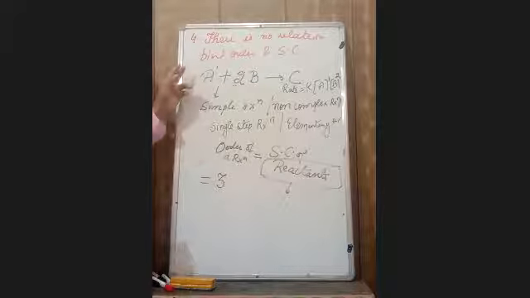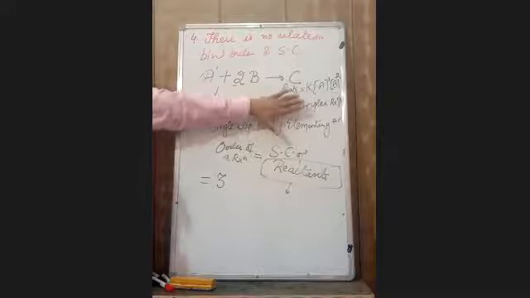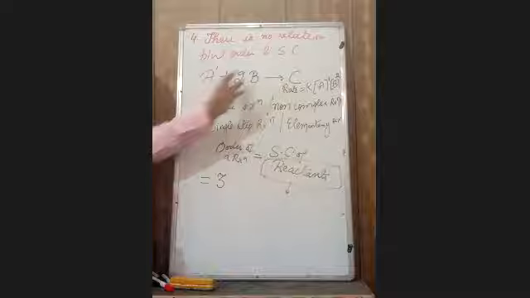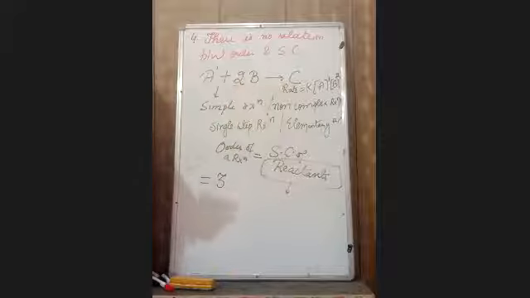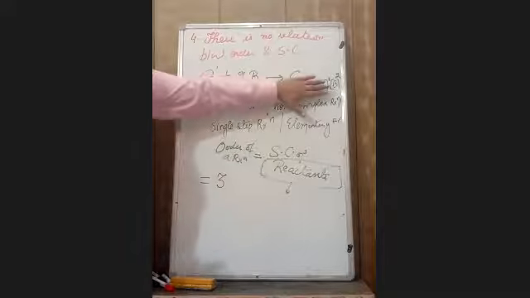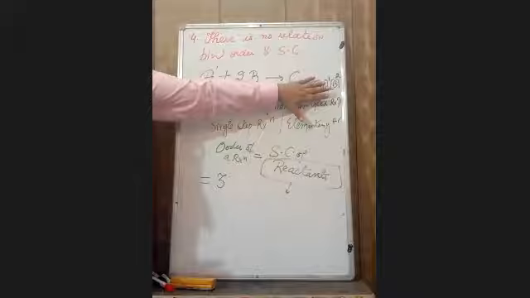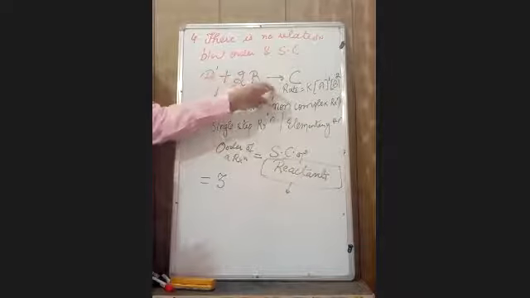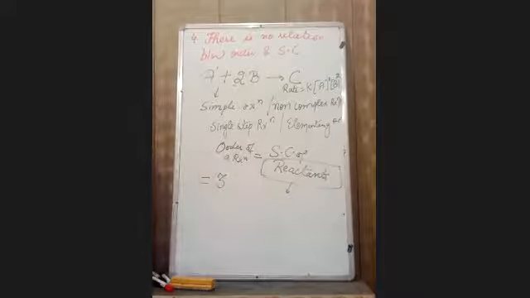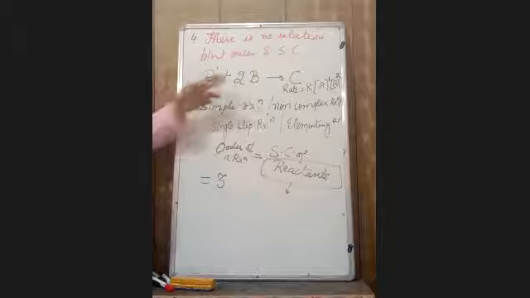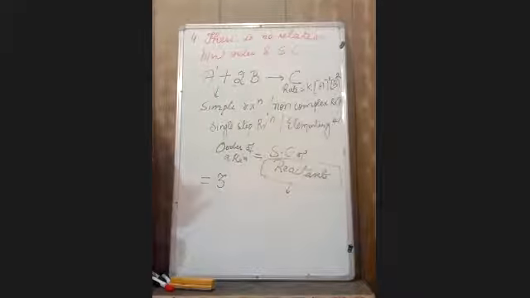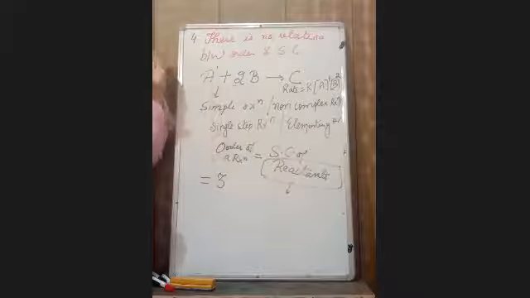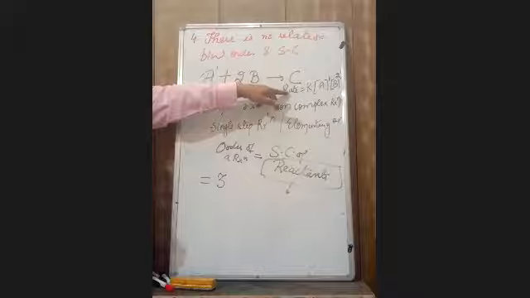As such, if I do not give this clue and I ask what is the order, you cannot tell if these things are not given to you. Only I have given this equation to you and I ask what is the order of this reaction. You cannot tell by only seeing the balanced equation. But if this clue is given to you.